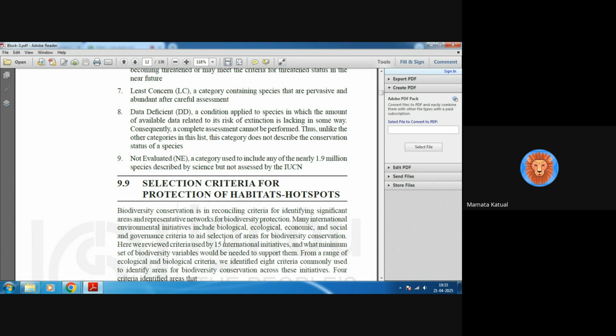The species which it has not evaluated are included under the not evaluated category, NE. We can keep a plant in this category if it is not categorized, but there is no such category according to the IUCN Red List.